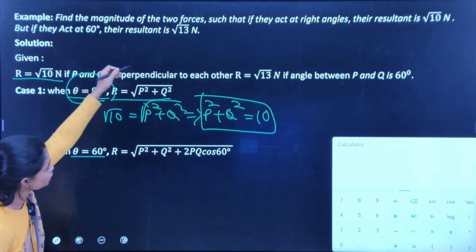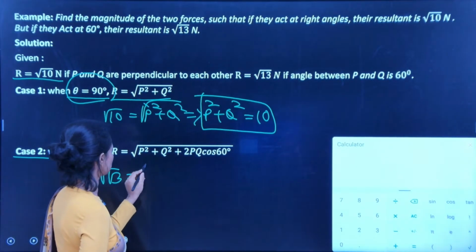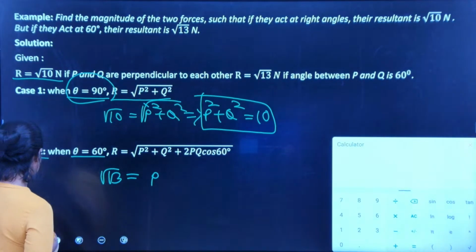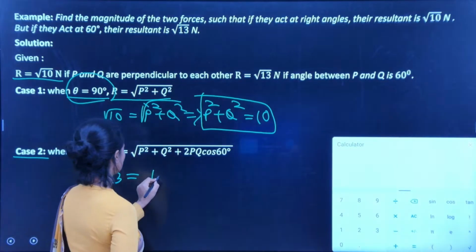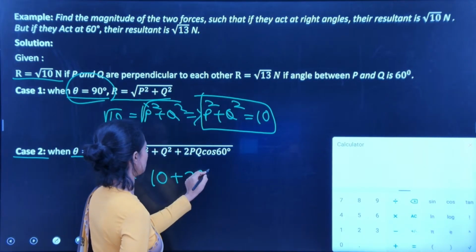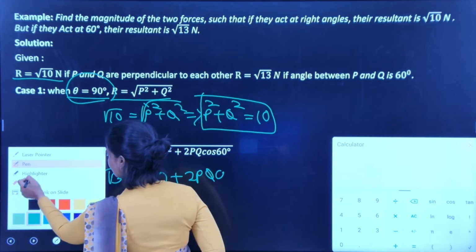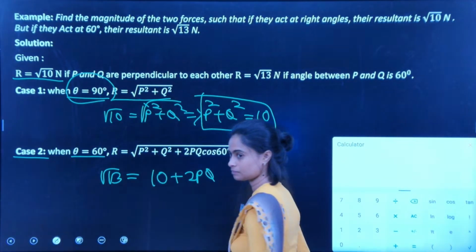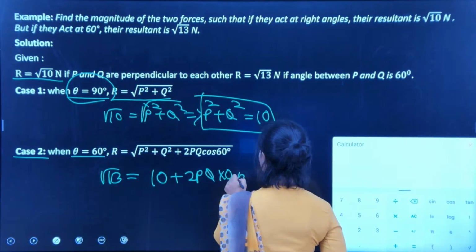Now let's jump on to the second case where theta is 60 degrees, and the resultant in that case is root 13. So let's plug in the value of R: root 13 is equal to root over P square plus Q square, which we already have as 10, plus 2PQ cos 60. What is the value of cos 60? 0.5.